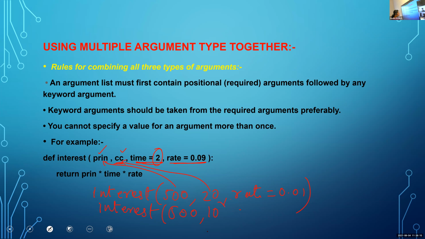Is it valid, Aryan? No, ma'am. Why? Give the reason, Aryan. Because only two are given. Only 2 variables, then it is not valid.